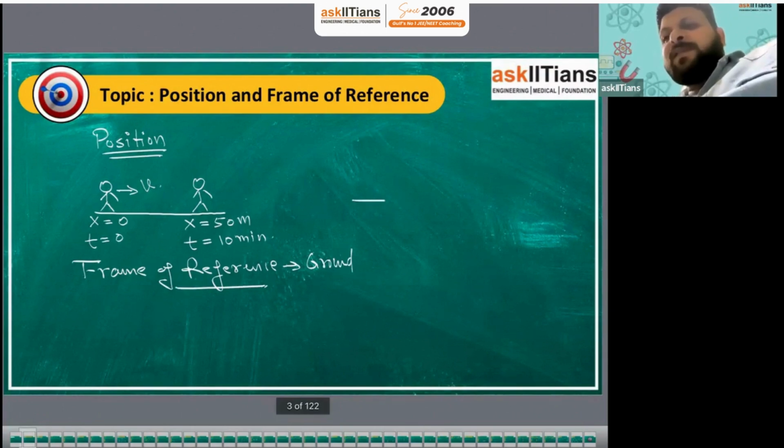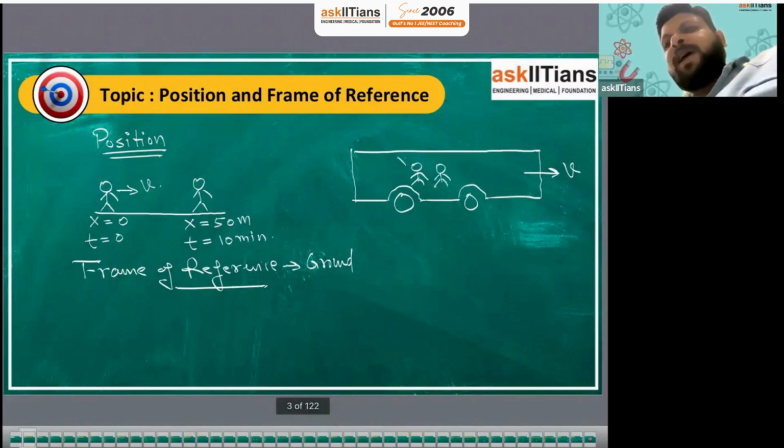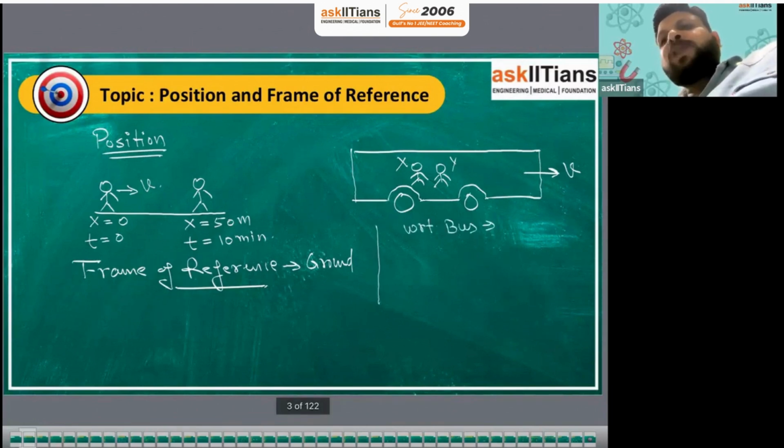Take another example. Suppose there is any bus and bus is moving with certain velocity v, and there are two persons standing on this bus, Mr. X and Mr. Y. So with respect to bus, both X and Y are stationary.